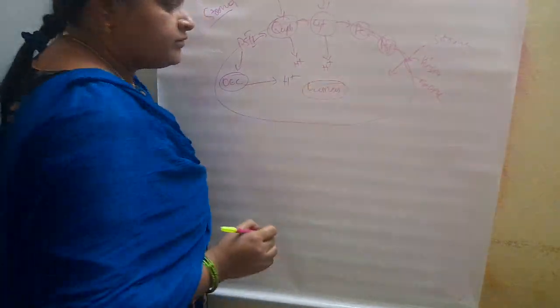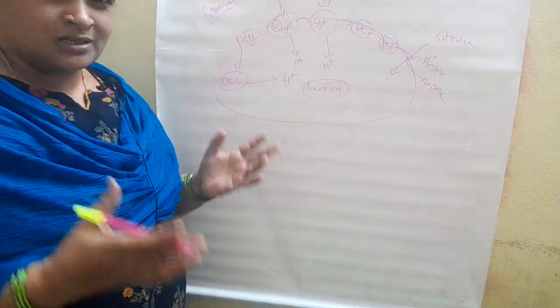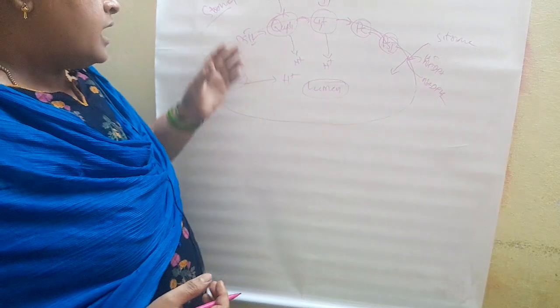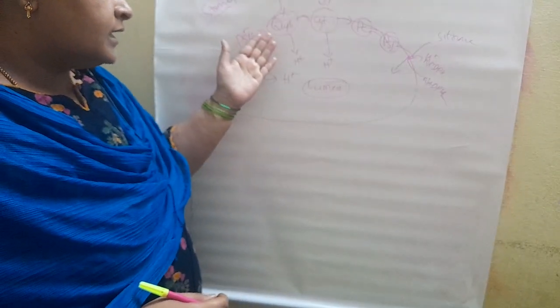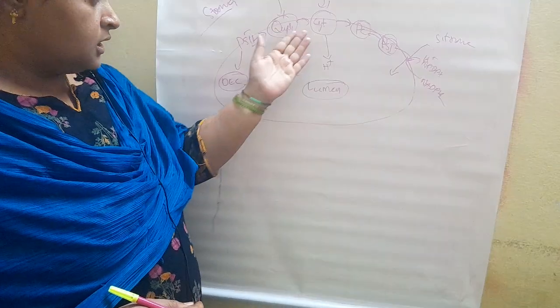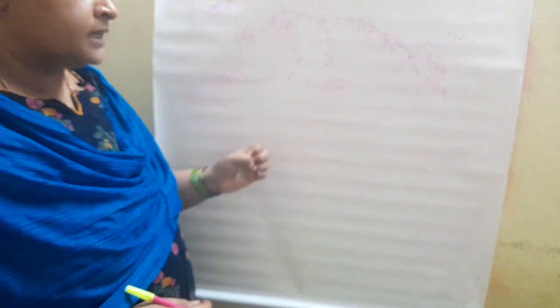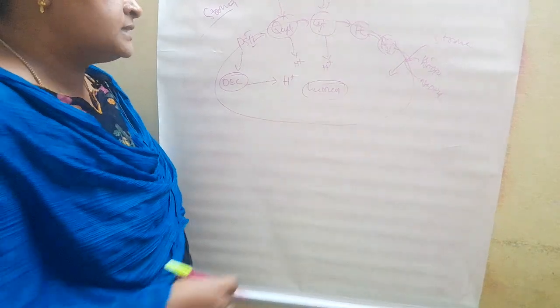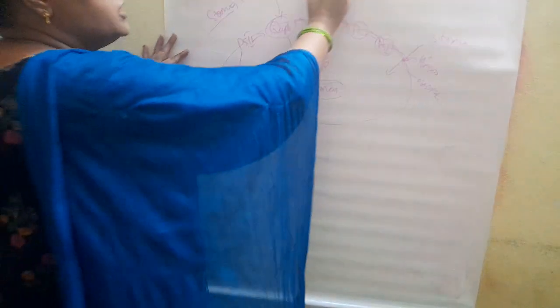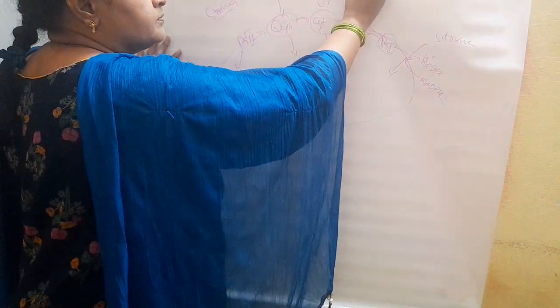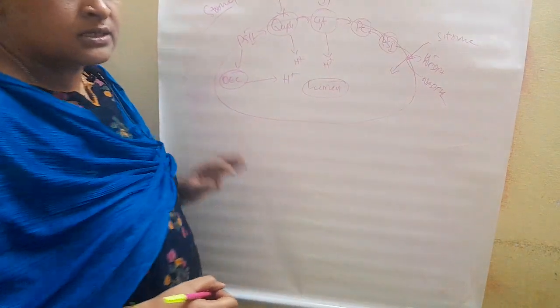So in the lumen of the thylakoid, hydrogen concentration is increased, and in the stroma side, as it is giving protons at the Q cycle, the cytochrome B6F complex or at NADP plus, more hydrogens are dragged from stroma to thylakoid. So a deficiency will come, isn't it? A deficiency of H plus ions, and here more concentration of hydrogen ions.